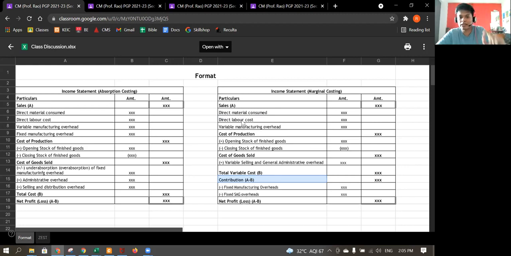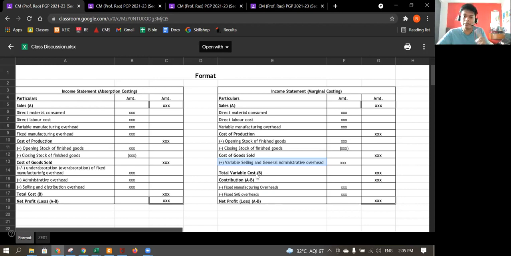Now, the difference is that in marginal costing, you have your variable manufacturing overhead over here. You also have a variable selling overhead over here before contribution. All fixed overheads, whether manufacturing related or selling, administrative, general related, are after contribution.